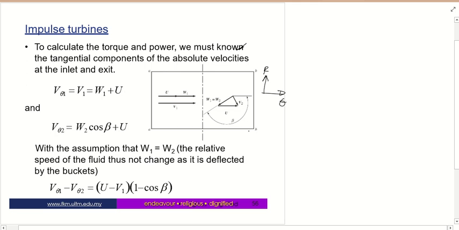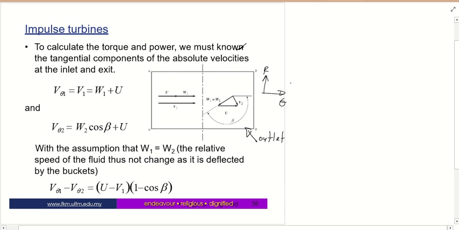At the outlet, the bucket flow is deflected due to the blade of the turbine, giving V theta 2.